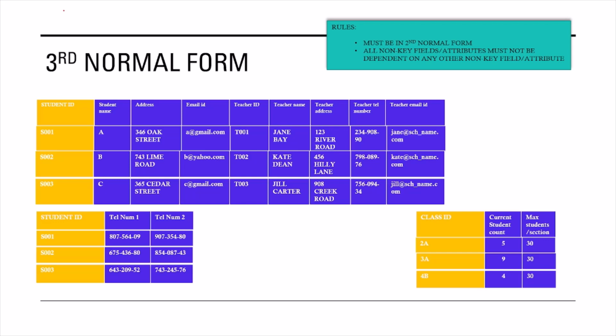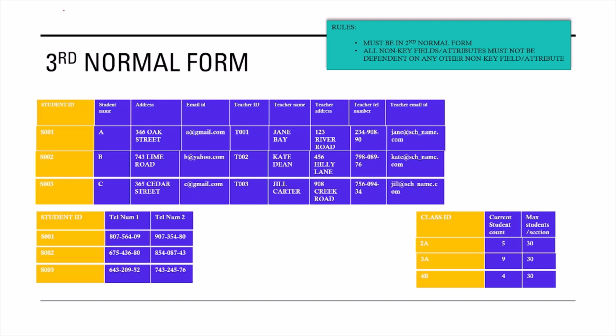There's no way we can determine the max students per section just by knowing the current student count, right? And so both current student count and max students per section are dependent on class ID. Similarly, we've already seen why the telephone table is already in third normal form.